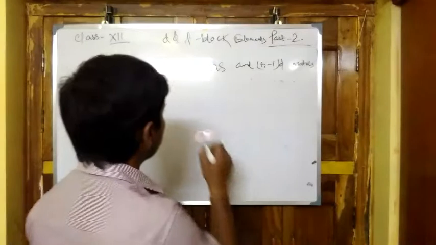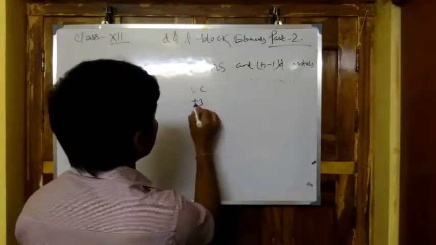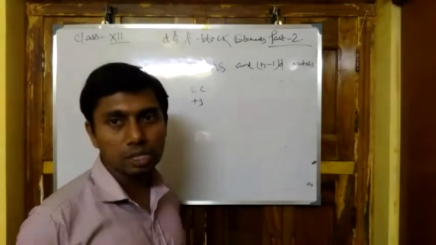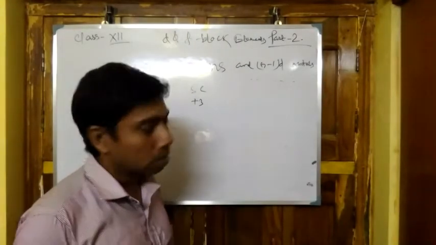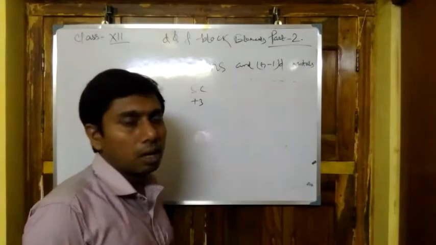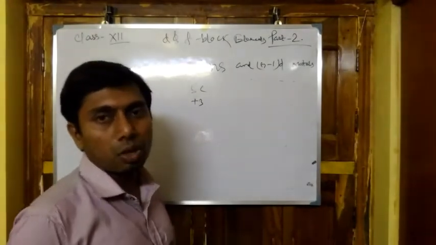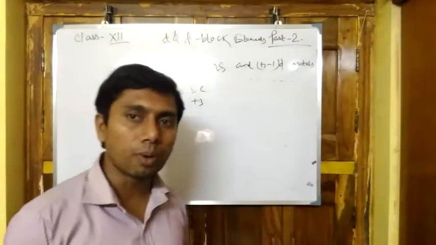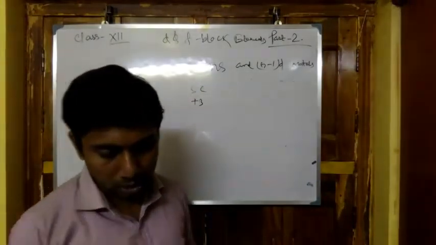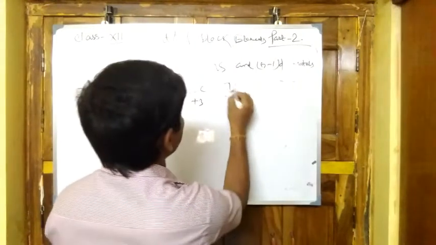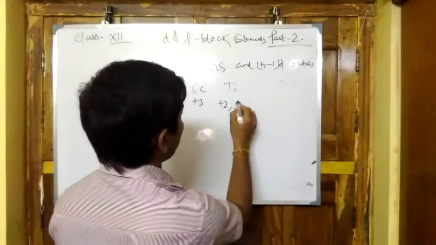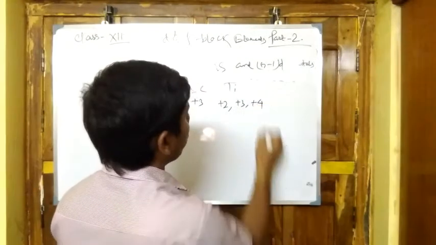Scandium shows the +3 oxidation state. It is the general oxidation state, with configuration s2 d1. For +3, to attain the electronic configuration of argon, it releases 3 electrons from the outermost shell. Next, titanium shows varied oxidation states, that is +2, +3 and +4.